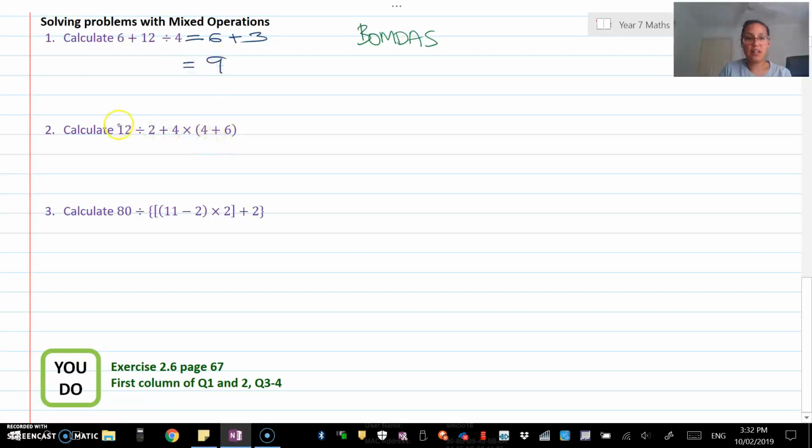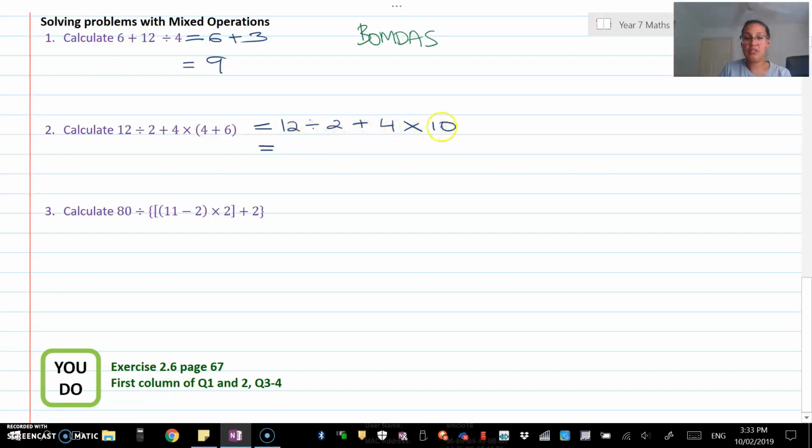Okay, so let's have a look at this one. This one now has brackets. So start off with groupings or brackets. 4 plus 6, so we're going to leave everything in, rewrite everything, times 10, because 4 plus 6 is 10, equal signs.